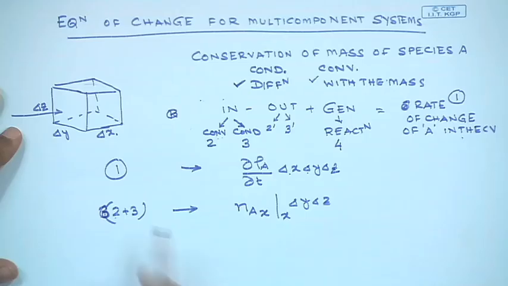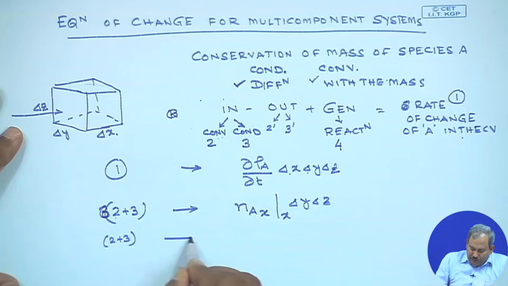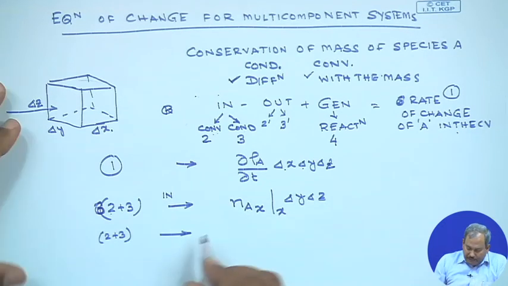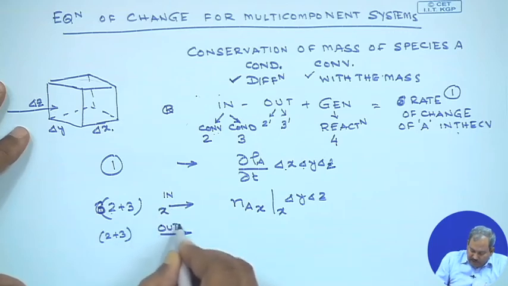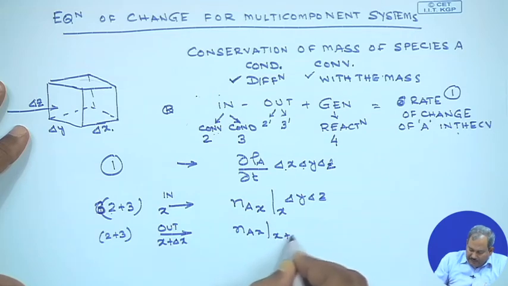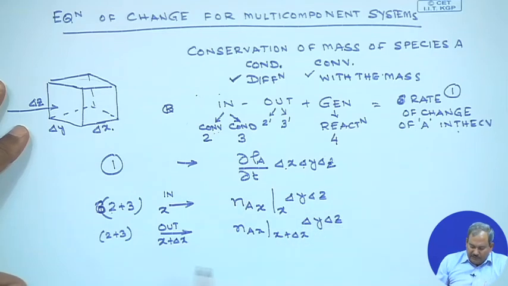So what I have done for the first term, that is the in term, is this, and 2 plus 3 is going out. This is the in term at x, and this is the out term at x plus delta x, N_Ax evaluated at x plus delta x times delta y delta z.